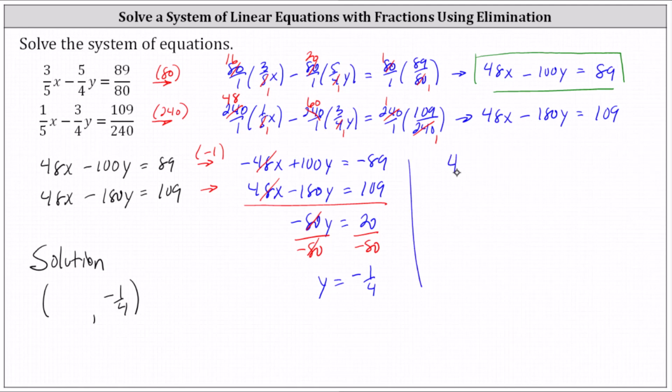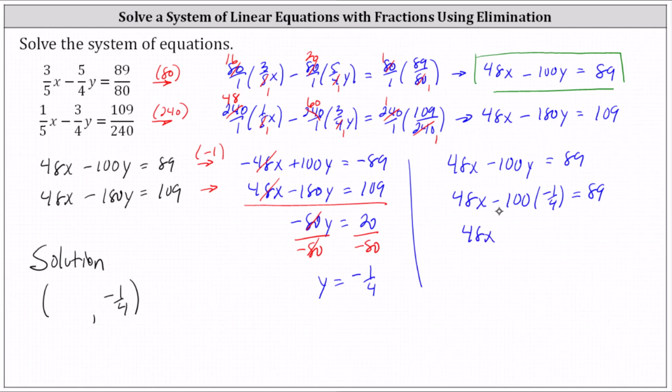So we begin with 48x minus 100y equals 89. And now we substitute negative 1/4 for y. This gives us the equation 48x minus 100 times negative 1/4 equals 89. Simplifying, we have 48x.